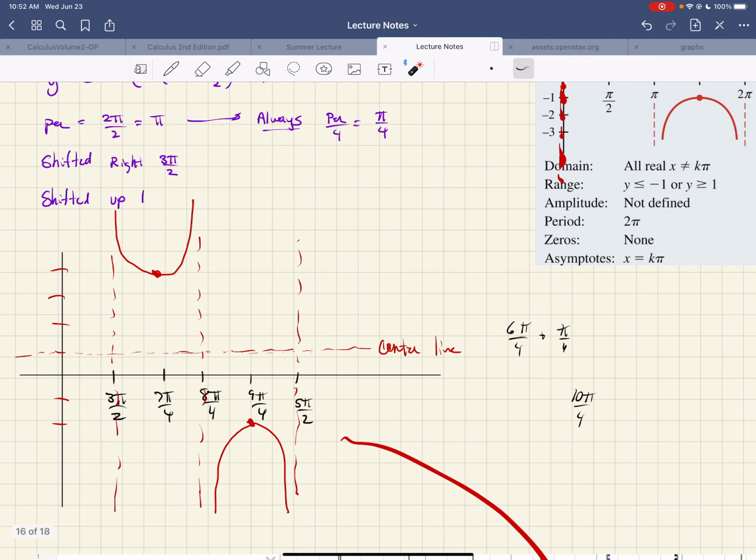Now down here, we start at the right point, right there, 3 pi over 2. And we're going to add pi over 4. So the 3 pi over 2, I made it 6 pi over 4, and then that way I can add a pi over 4 each time. So 6 pi over 4, 7 pi over 4, 8 pi over 4, 9 pi over 4, 10 pi over 4. I reduced the 10 pi over 4. I should have reduced this in here also.